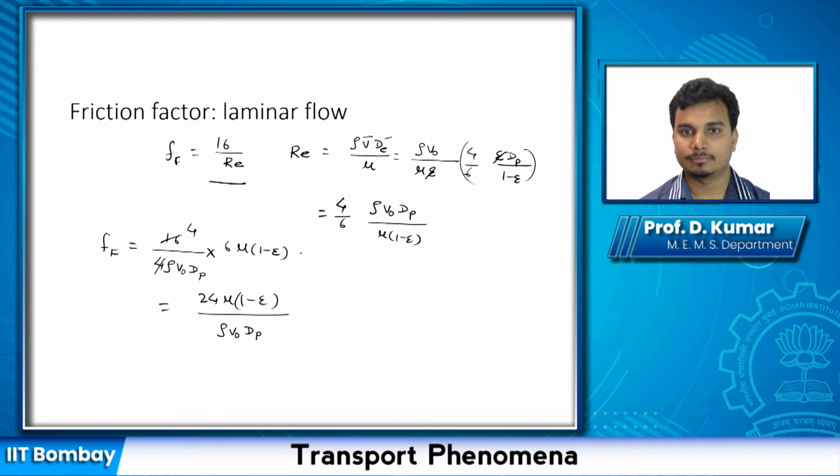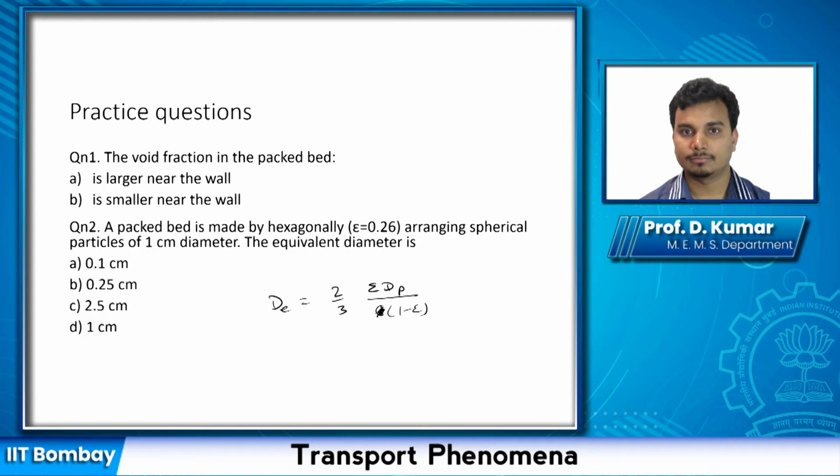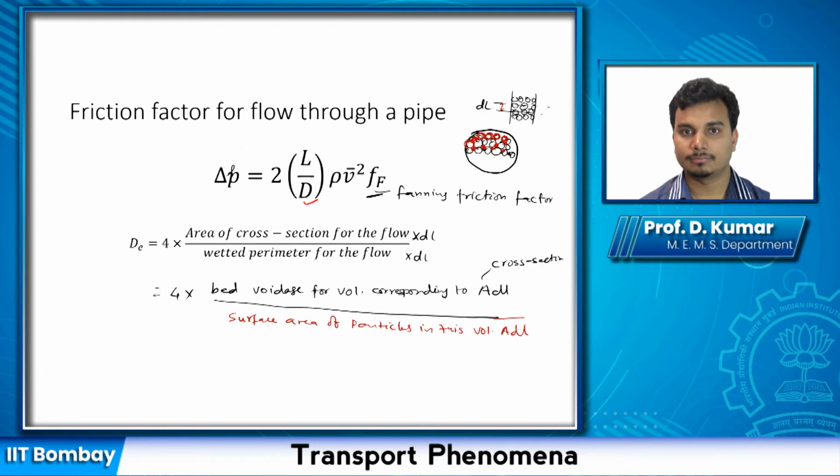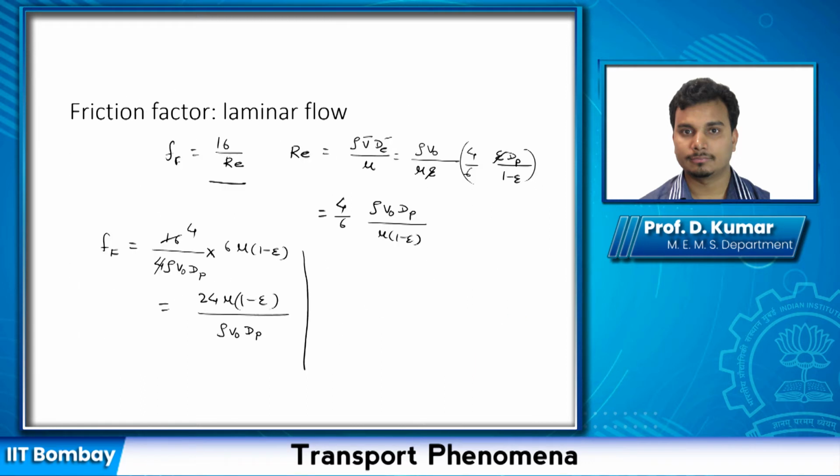Now, if you look at the previous discussion, we know that this f_f can be written as delta P by 2 rho V square and so on. So we'll do that first. f_f can also be written here as delta P by rho V square, times d_e by 2L.